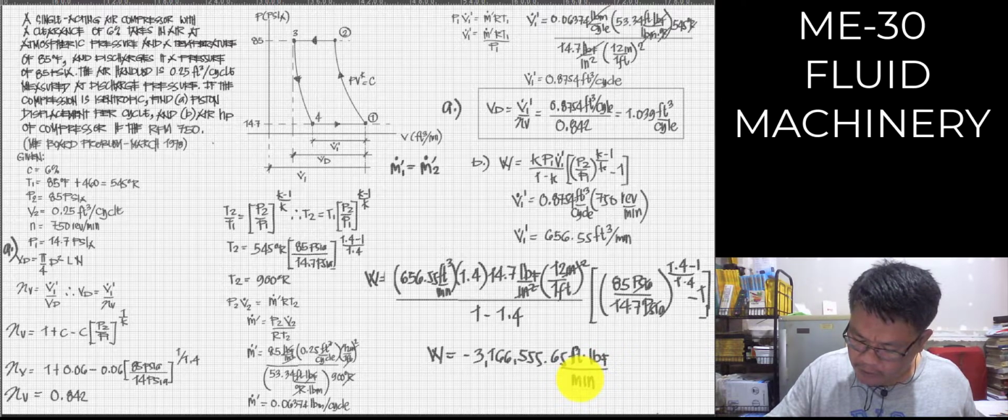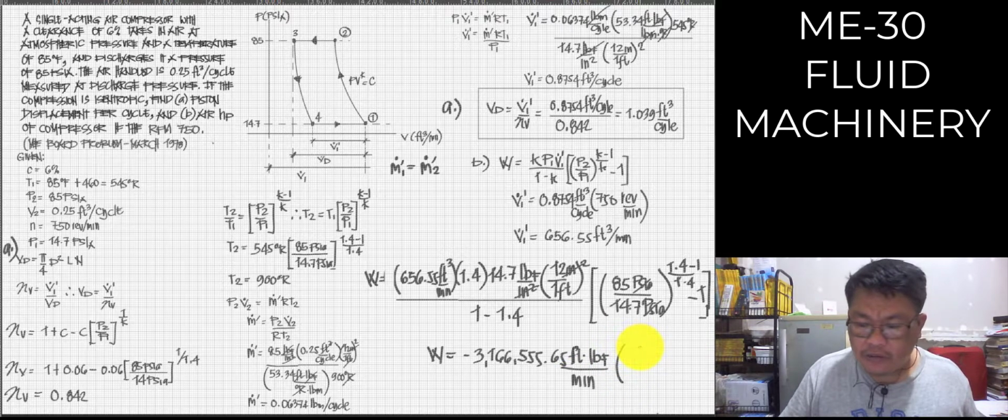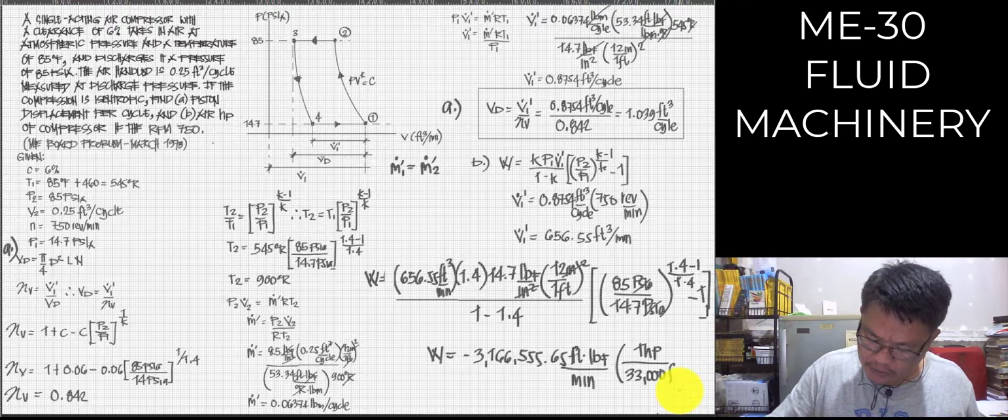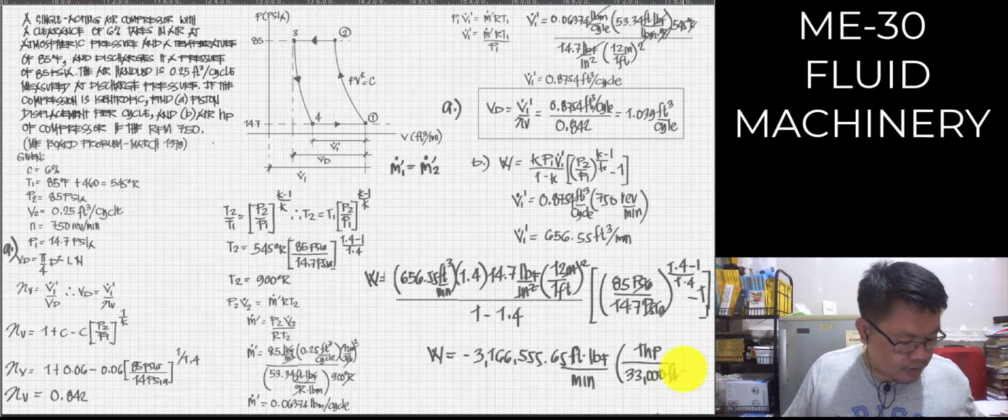Now we have the conversion: 1 horsepower is 33,000 foot pound force per minute. If I'm not wrong, it's correct.